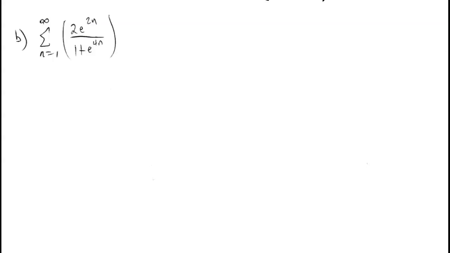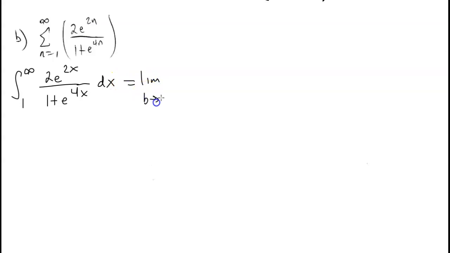So we're just going to use the integral test, which basically says if we evaluate this improper integral and it converges, then we know that the corresponding series will converge as well. So basically we just need to integrate this.